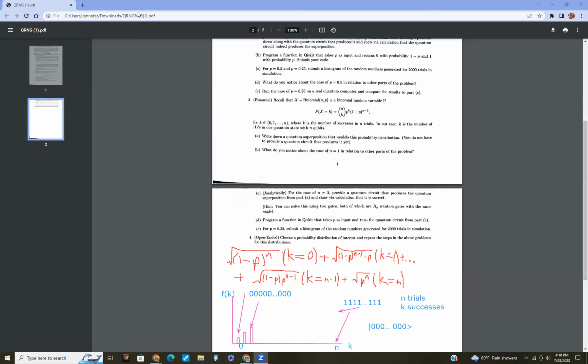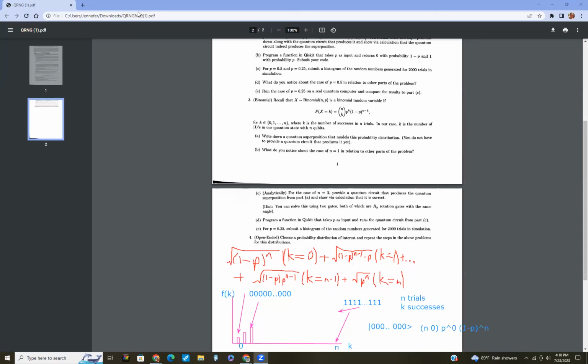The probability of that happening is, according to your formula, n choose 0, p to the 0, times 1 minus p to the n.